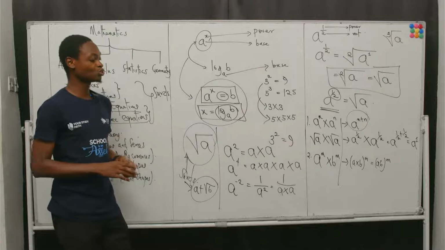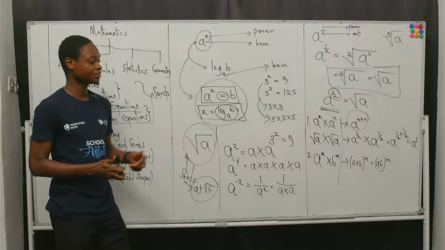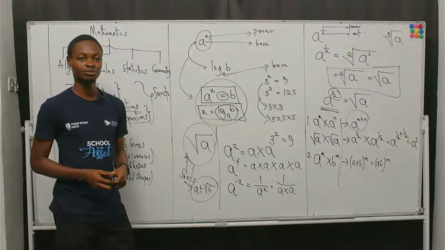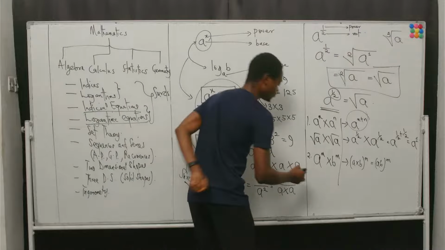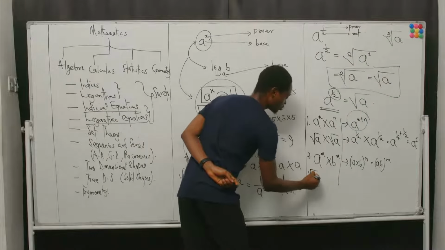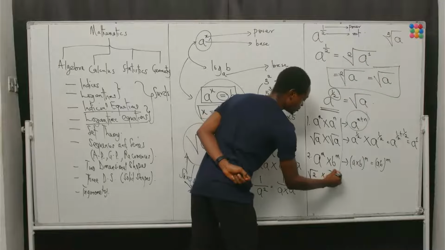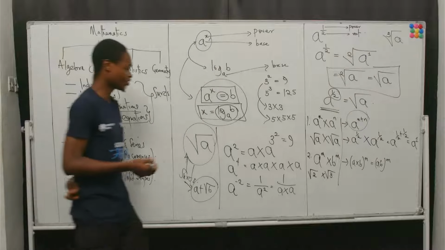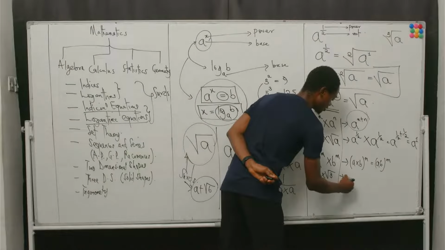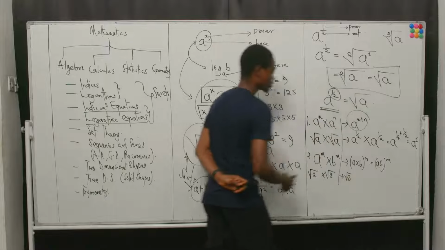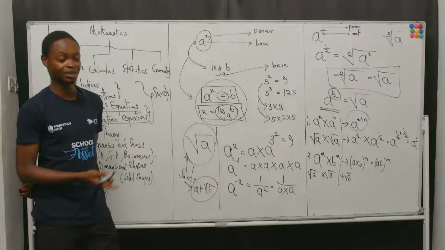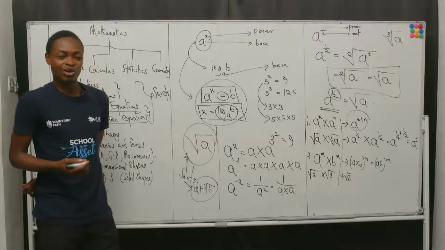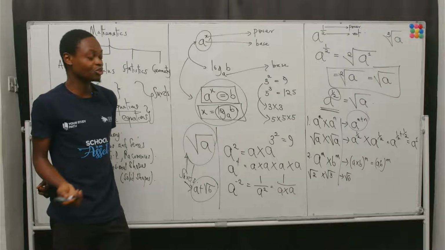It still holds true when we consider surd forms. If we have square root of 2 times square root of 3, our basic knowledge tells us that the answer to this is square root of 6. Why? Because you said 2 times 3. But what exactly have we done?